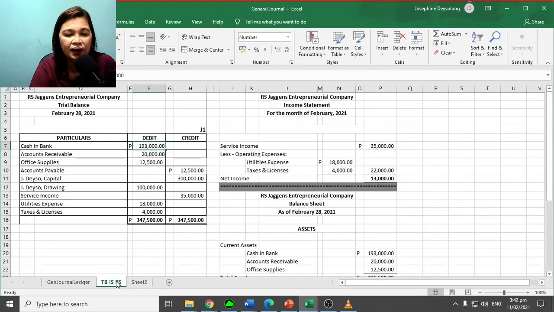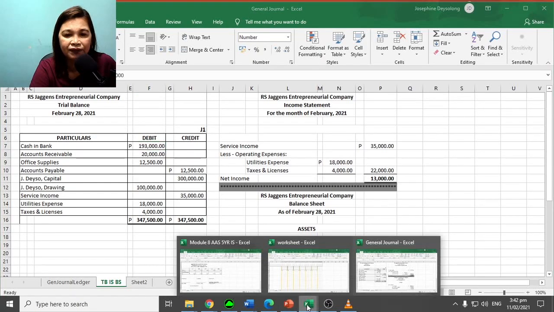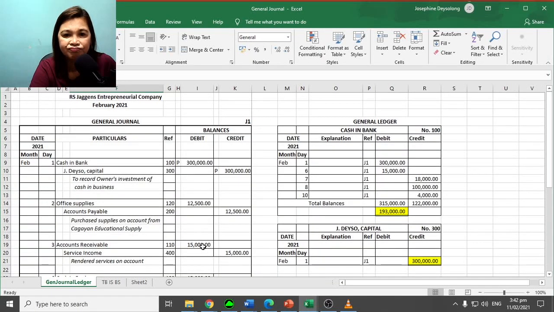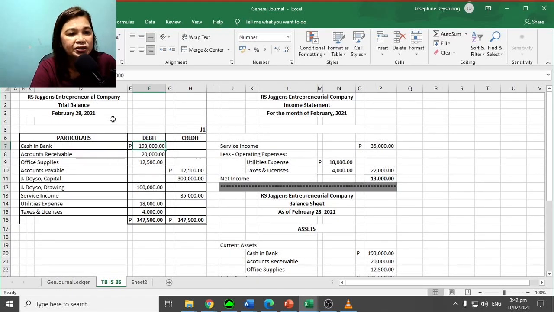So, I only have here again J-Day-So capital. There's only one. The amount is 300,000. There is no other transactions except on February 1 for J-Day-So capital. So, let me copy that J-Day-So capital here to my trial balance.